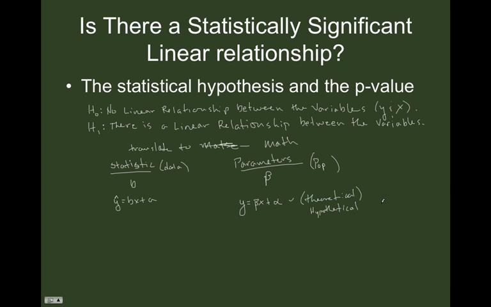In other words, if we could sample every member of a population, which could have millions and millions or billions of elements, it's impossible in many cases to sample the entire population. Therefore, this equation we can almost think of as being hypothetical. It's out there, we believe it's out there, but we have no way of measuring these parameter values, beta and alpha specifically.